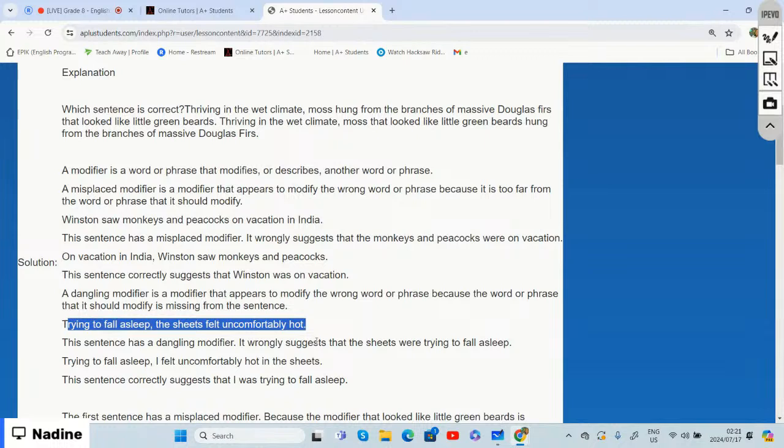But if we correct that sentence, then we can say, trying to fall asleep, I felt uncomfortably hot in the sheets. So now "I" refers to a person that actually felt hot and uncomfortable and couldn't sleep.